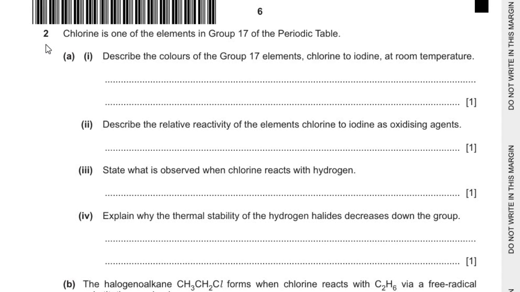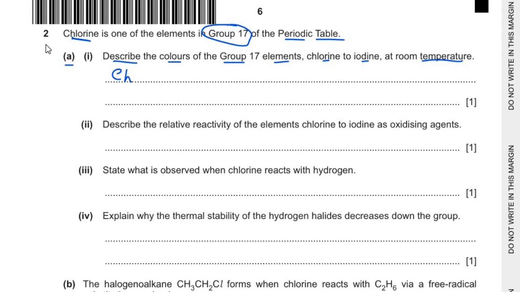Now let's see, it's all based on chlorine and group 17. Chlorine is one of the elements in group 17 of the periodic table. The first sub question A is describe the colors of the group 17 elements chlorine to iodine at room temperature. So what are the colors of the elements of group 17?